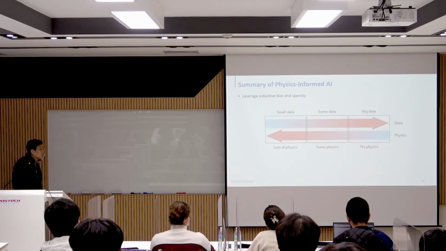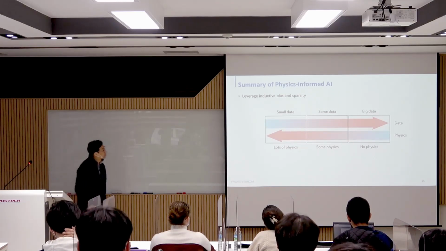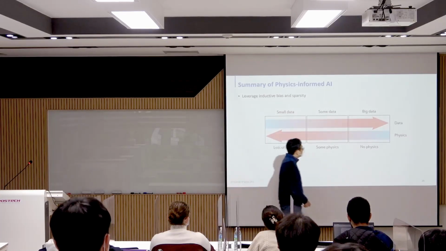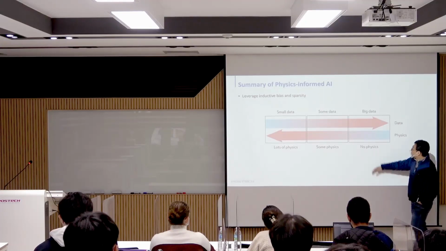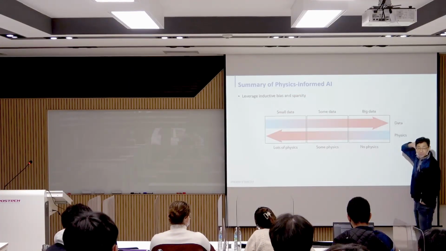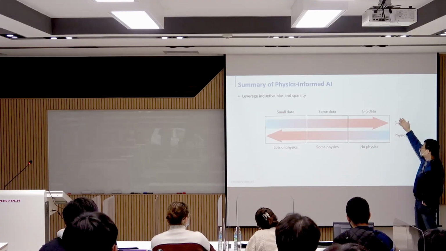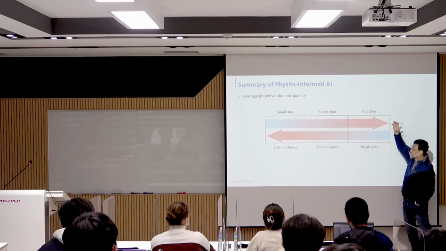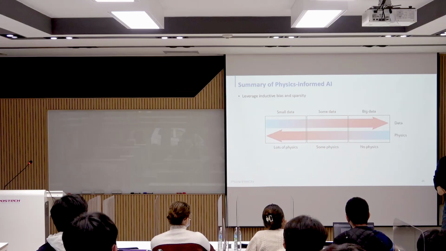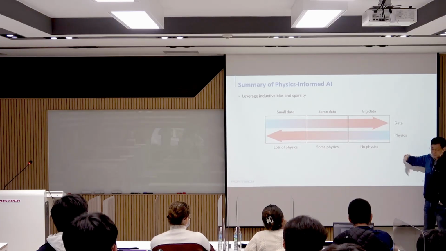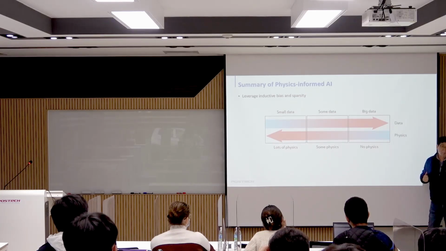So I want to summarize the concept of physics-informed neural networks. Let's simplify the problem. Suppose we have a big data set. If you have enough data, it might be okay to just build data-driven models without any physics considerations.